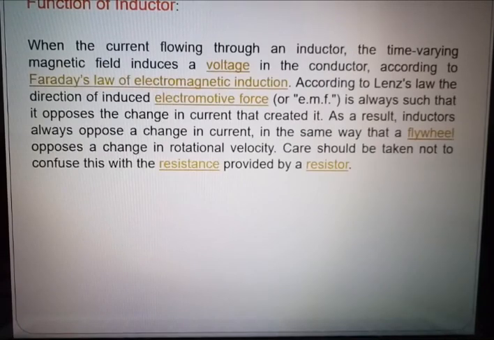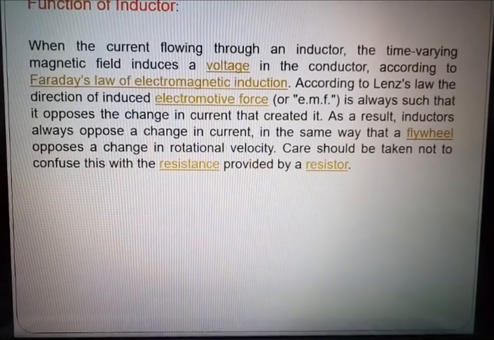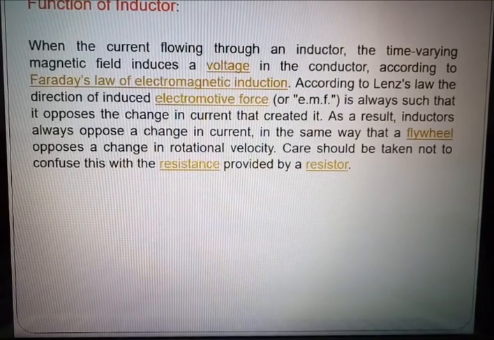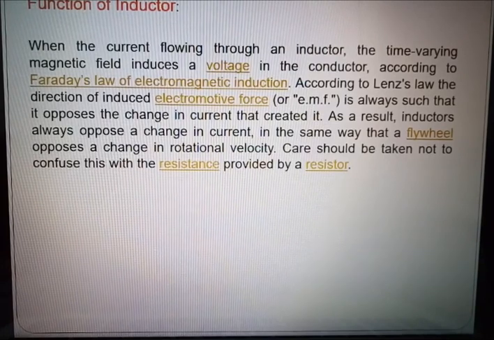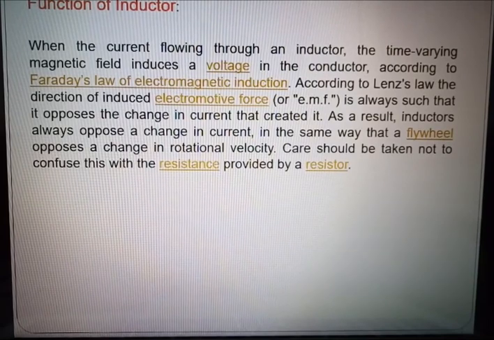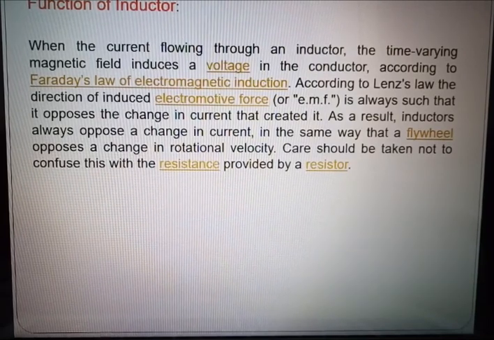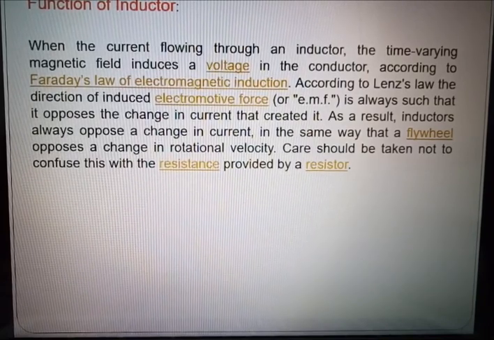Okay, next. Now what is the function of an inductor? When current flows through an inductor, the time-varying magnetic field induces a voltage in the conductor. According to Faraday's law of electromagnetic induction and Lenz's law, the direction of the induced electromotive force is always such that it opposes the changes in current that created it.